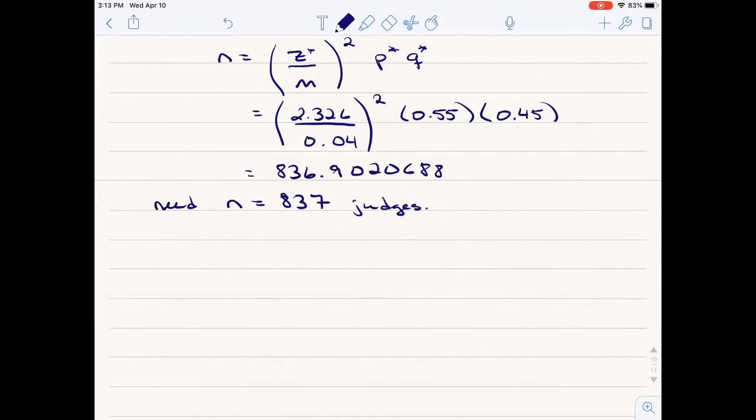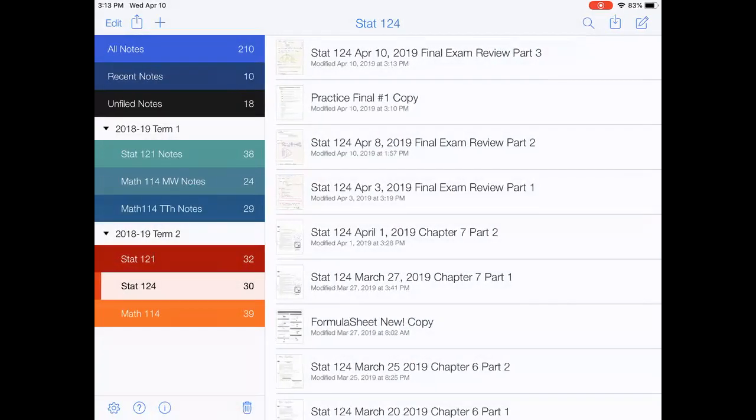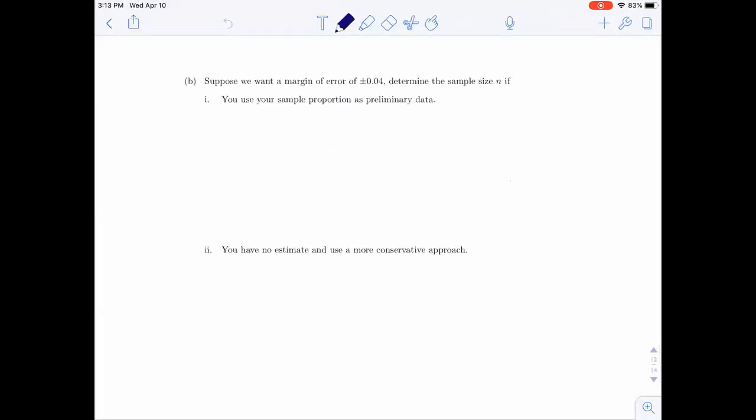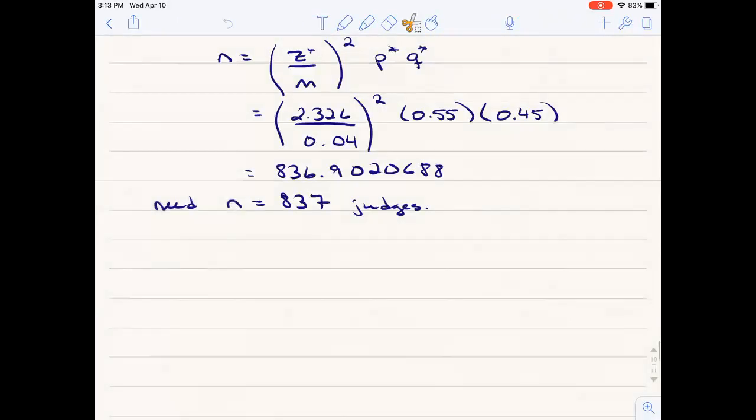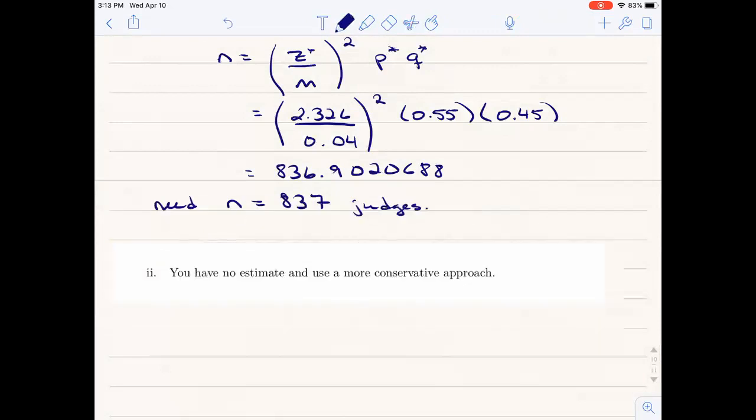If we didn't have a sample already, then we're just going in blind and we're saying, okay, what sample size do we need? So that's what this next part is. You have no estimate and use a more conservative approach, which is just assuming P star is 0.5 and Q star is 0.5.